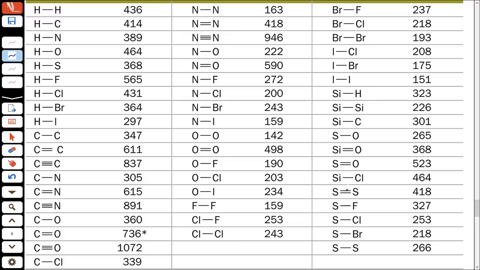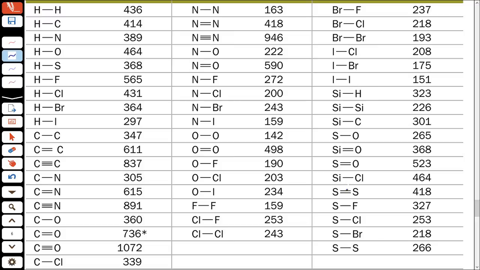Well, in order to do that, you can't necessarily tell just from looking at this formula. We need a Lewis structure. Because if we have a Lewis structure, we'll know exactly how many of each type of bond there is. So we draw out the Lewis structure. In this case, it's going to look like this, because we know hydrogen only has one bond. All right, so we can draw a Lewis structure and we get this. And then we can account for all the different types of bonds here.